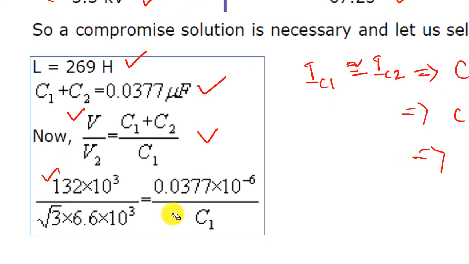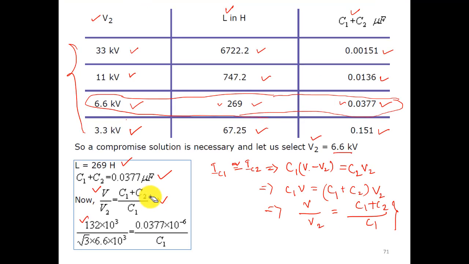So we know that your V is given, V2 is given, and C1 plus C2 is given, and we will find C1 from this equation, right? So after finding C1, we can find C2 as well.